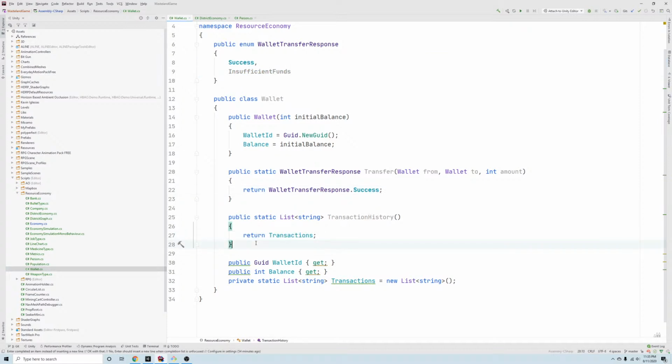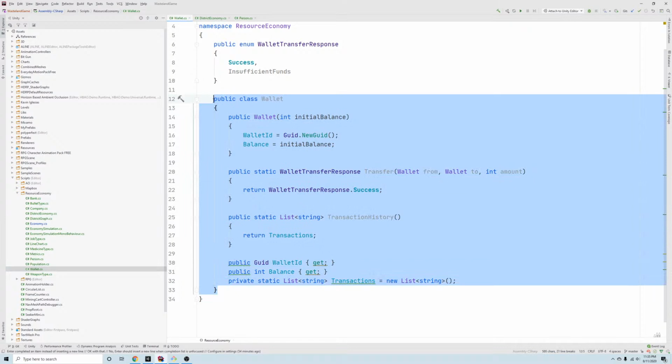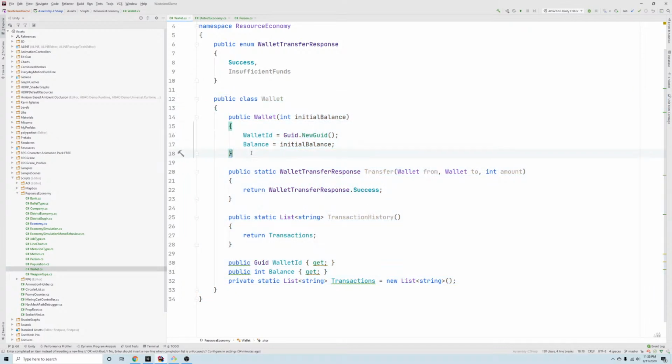And there should be an overall balance that never changes. So we could also track some static global variable. Each wallet is initialized with some initial balance, and the total sum of money in the game should never change.